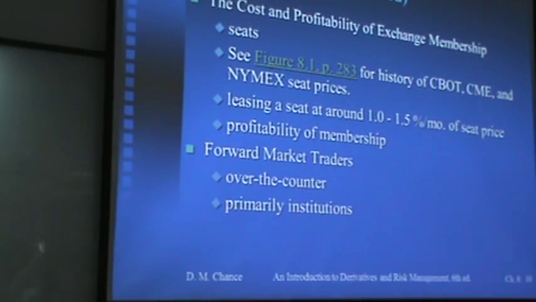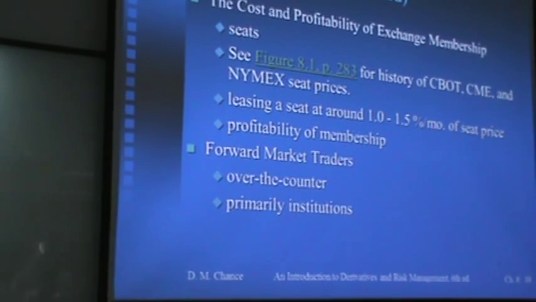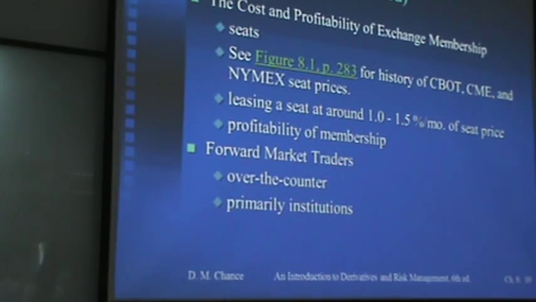Okay. Question: is it better than a condo? How much does a condo make? Well, it says 1.5% per month.